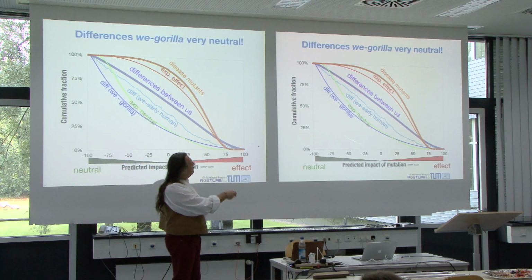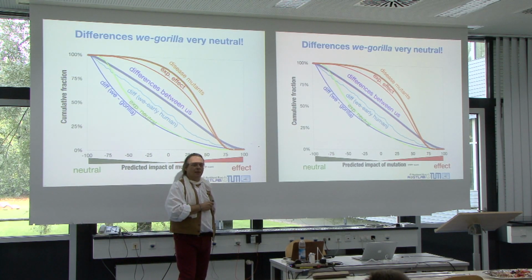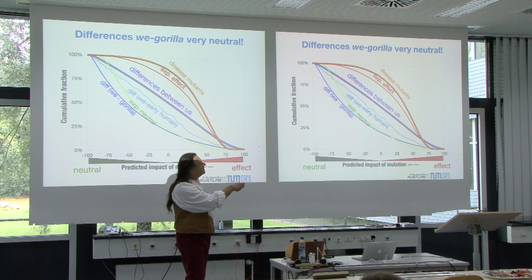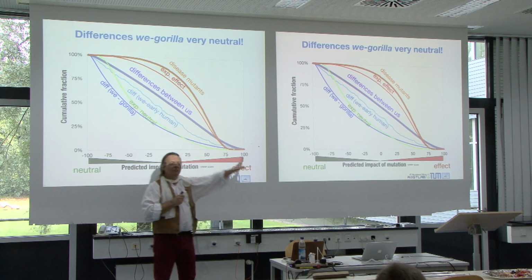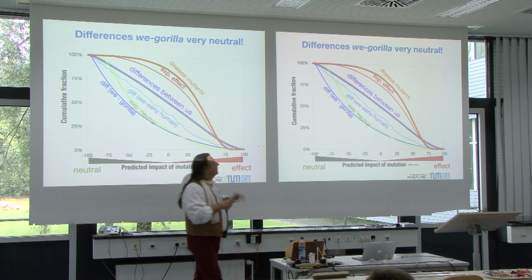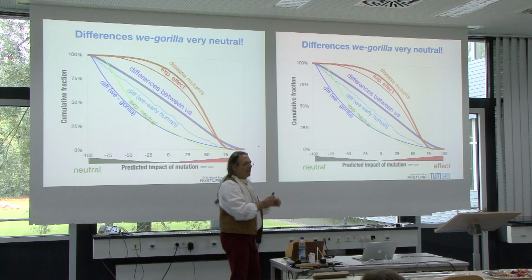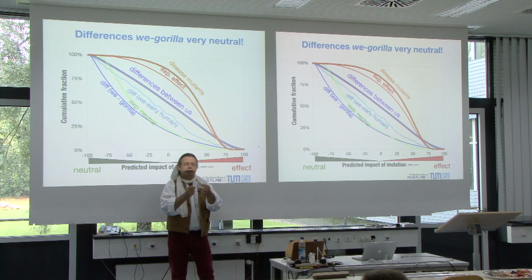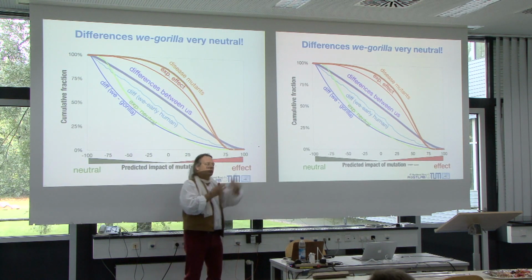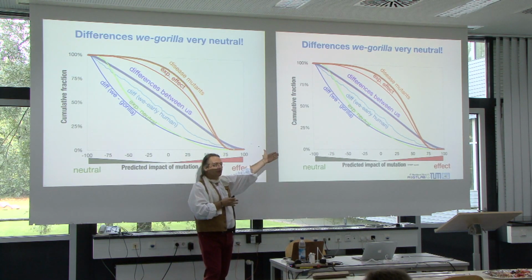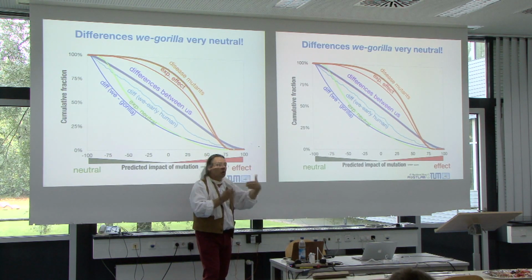Okay, let's just look at gorilla. There we have a lot of data. That actually for the first time is a data set that is below neutral, the cross-validation. So now I have to immediately say, I'm sort of changing the data set again. When I compare the data set between us, we use the same 20,000 proteins, right? When I compare us to chimp, or in this particular case gorilla here, we are not using the same proteins.